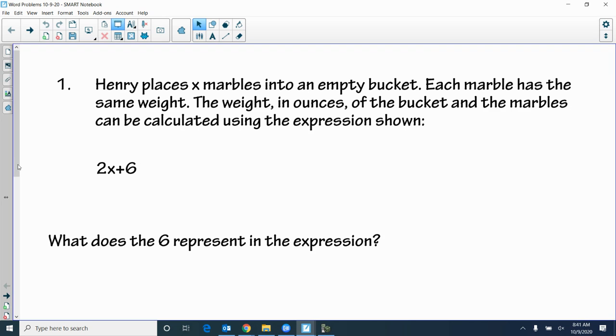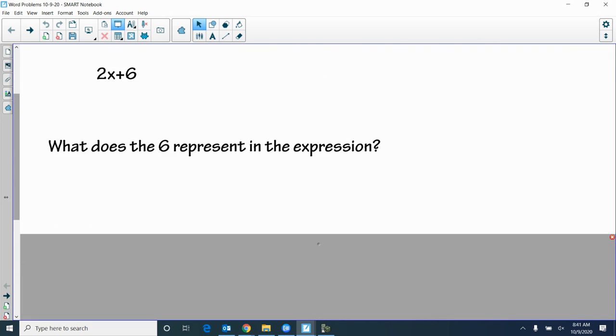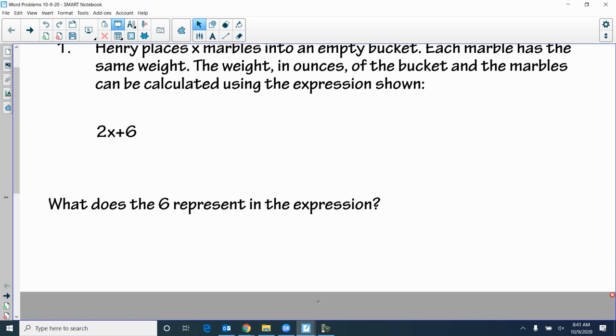All right, what does the 6 represent in this expression? And how do we know what it represents? All right, what do you got, Colin? The weight of the bucket? It is the weight of the bucket. How do we know it's the weight of the bucket and not the weight of a marble or the marbles? Because he says he places X marbles into an empty bucket.